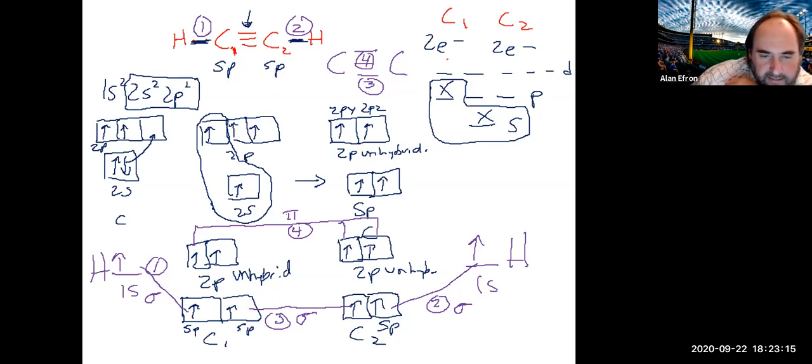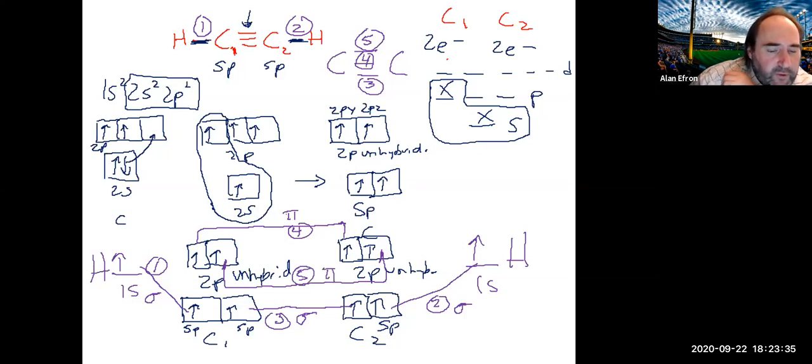So we have that to that. And then we have the third bond in our triple bond, which would be bond number 5. And that works out nicely because we have an electron here and an electron here that can make the 5th bond. And this is also known as a pi bond as well.